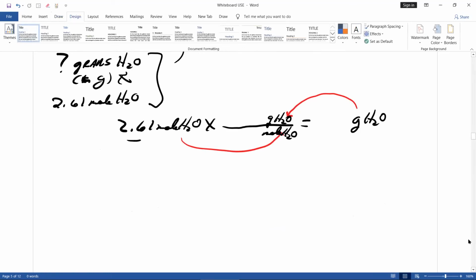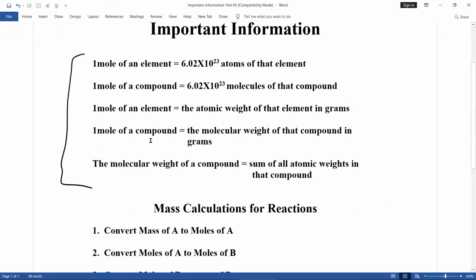From the concept: one mole of a compound equals the molecular weight of that compound in grams. 1 mole of a compound equals the molecular weight of that in grams. And the molecular weight of that compound is the sum of all atomic weights.